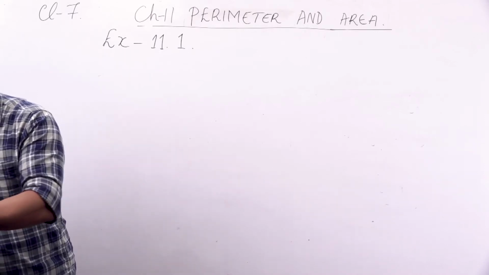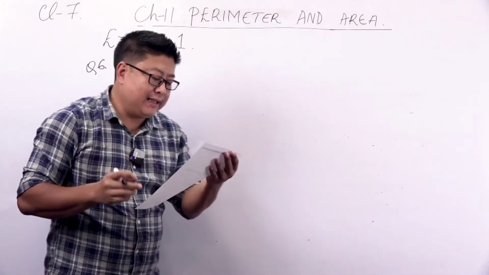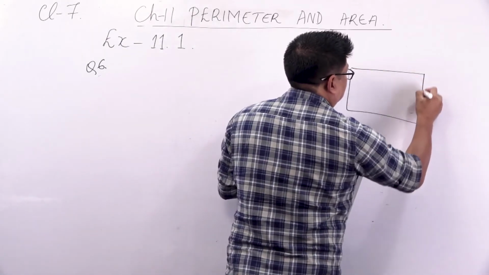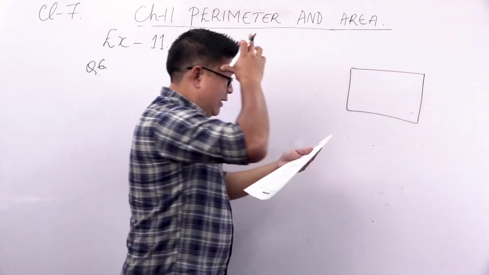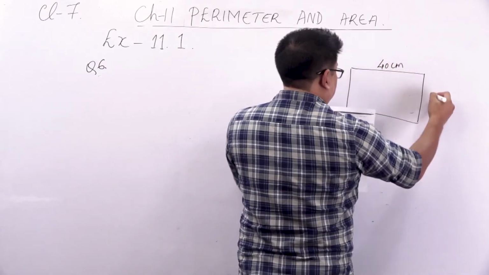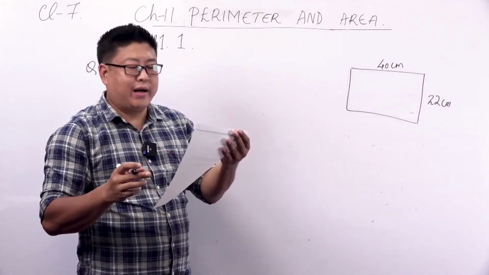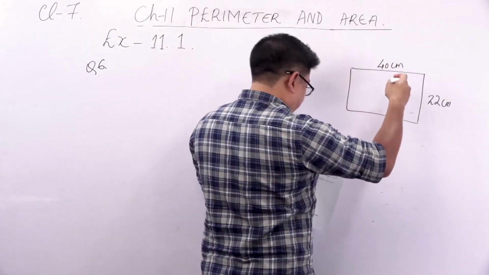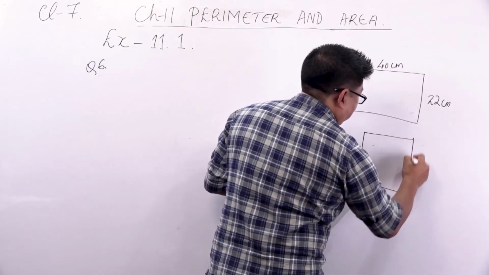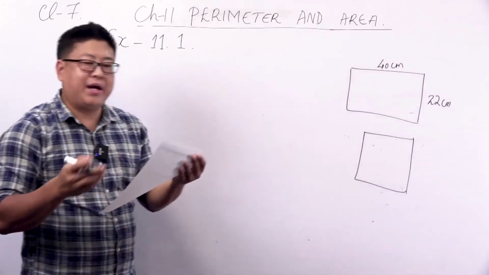So let's move on to question number 6. A wire is in the shape of a rectangle. Let's say this is the wire. Its length is 40 centimeters and breadth is 22 centimeters. If the same wire is rebent in the shape of a square, what will be the measure of each side?